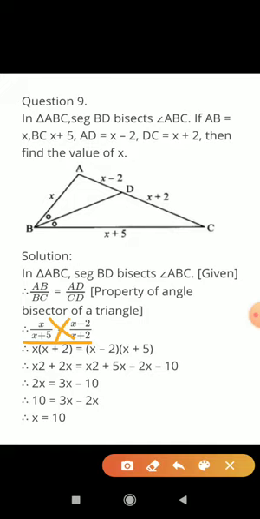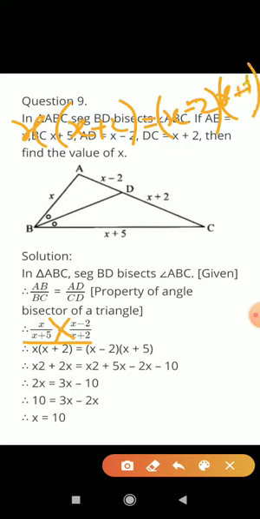Now here cross multiplication takes place. So x into x plus 2. We can write here separately x into x plus 2 is equal to x minus 2 into x plus 5.